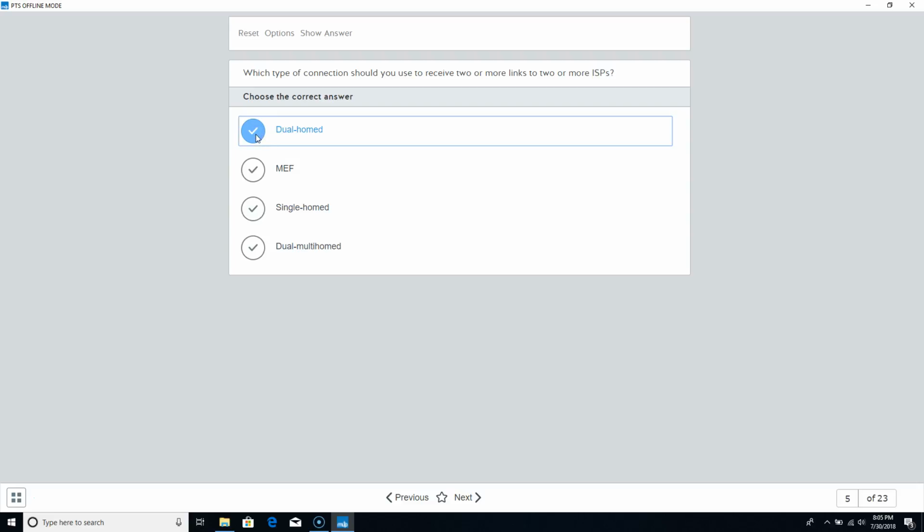If it's just one link, it's called single home. If it's two links to the same ISP, it's called dual home. But this is two or more links to two or more ISPs, so this is multi-home. It's not dual home, it's multi-home.